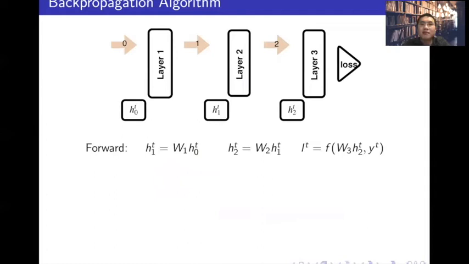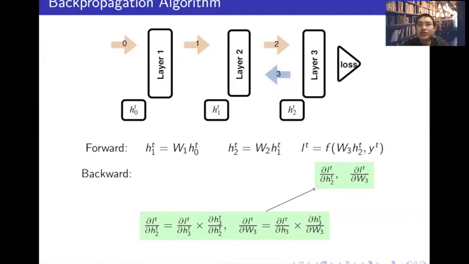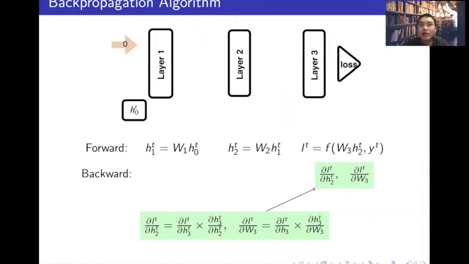In the forward pass, the input H0t is forwarded from layer 1 to layer 3, and we have the loss function after the forward pass. In the backward pass, different layers will compute the gradients regarding its input and model weights. So in layer 3, it will compute the gradients regarding H2t and W3t. After the computation in layer 3 is done, it will pass partial Lt over partial H2t to layer 2.